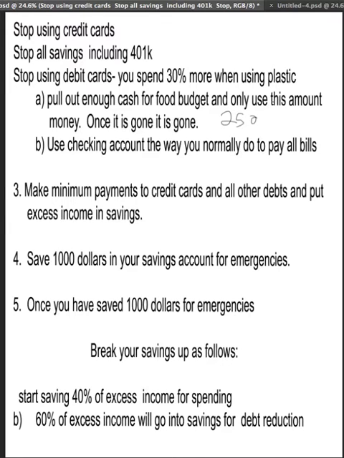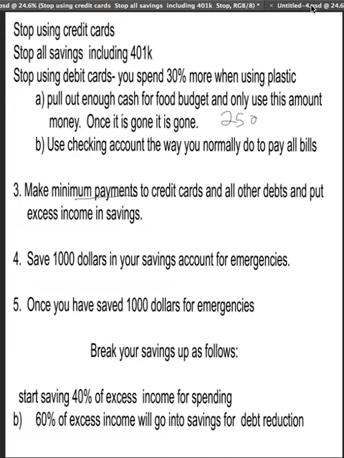Okay, so after you take out the $250, you just go ahead and pay the rest of the bills out of your account the way you normally do. Now, after you take that out, you want to make minimum payments to all your credit cards.